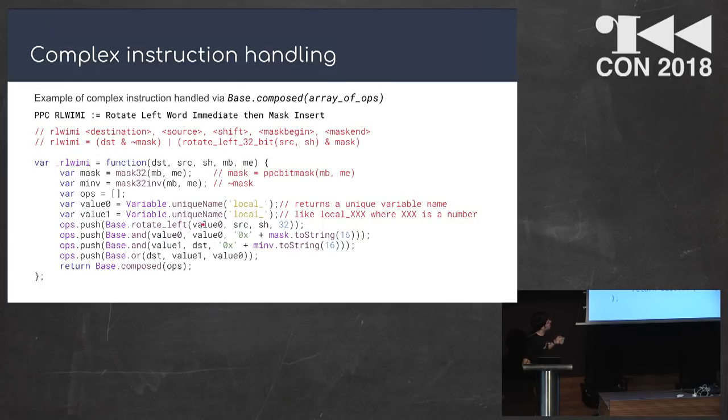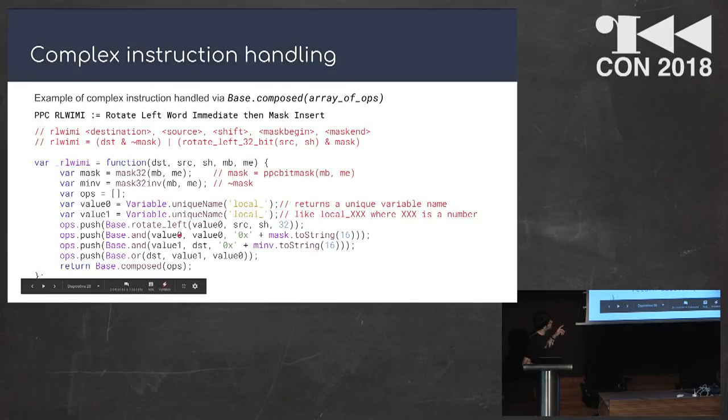So I create a variable that is named local and a number, which will be given as the destination of the rotation. Then you will have the source register and the number of bits that you want to shift. I will define this as a rotate left of 32 bits, just to be sure that I didn't mess something up.